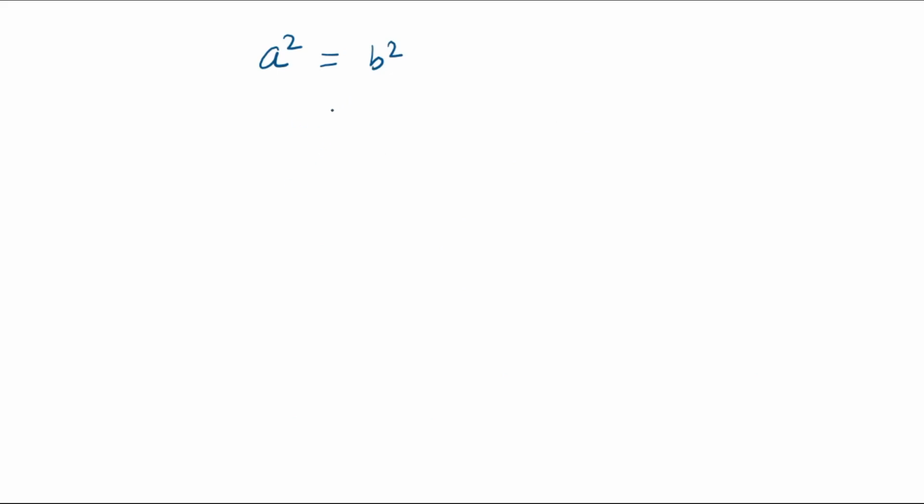Now if we take all the expressions in same side, then this is a square minus b square, and this is equals to 0. In left hand side we have difference between two squares, and we know that factor of a square minus b square is a plus b multiplied by a minus b, and this is equals to 0.